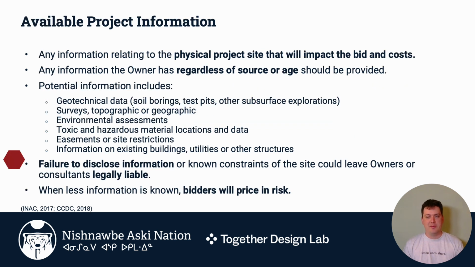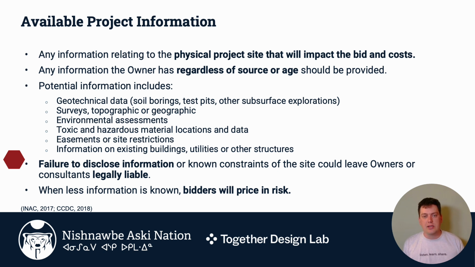Available project information, and this is something we should do some careful thinking about. As we talked about earlier with putting together a clear and transparent tender package, there are two reasons why you want to share all potential information in your tender package. And on screen here, we have a list of what some types of that information can be.